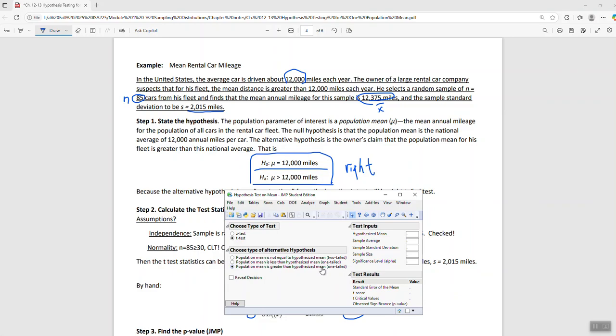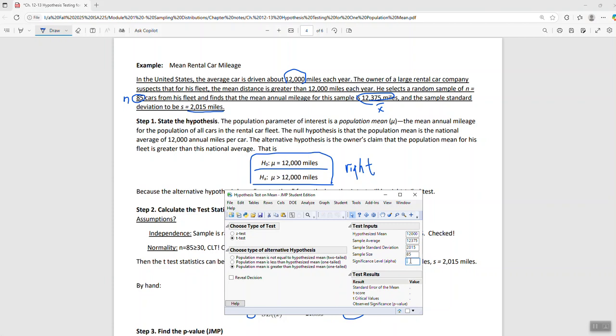To the right, you also need to input all the information you have: the hypothesized mean, which is 12,000; the sample average, 12,375; the sample standard deviation, 2015; and the sample size, 85.